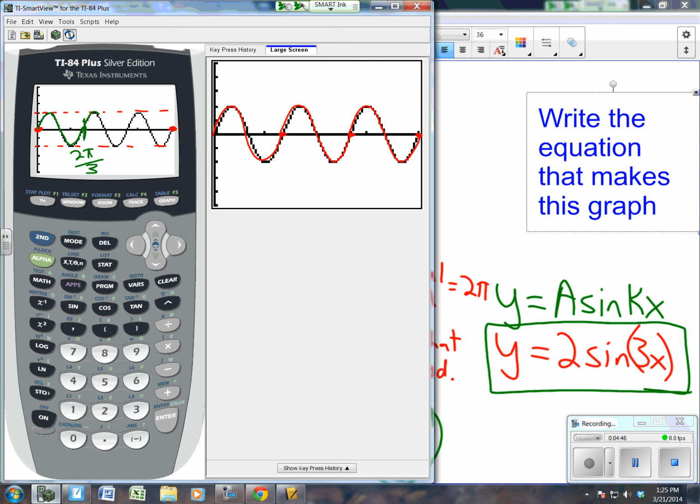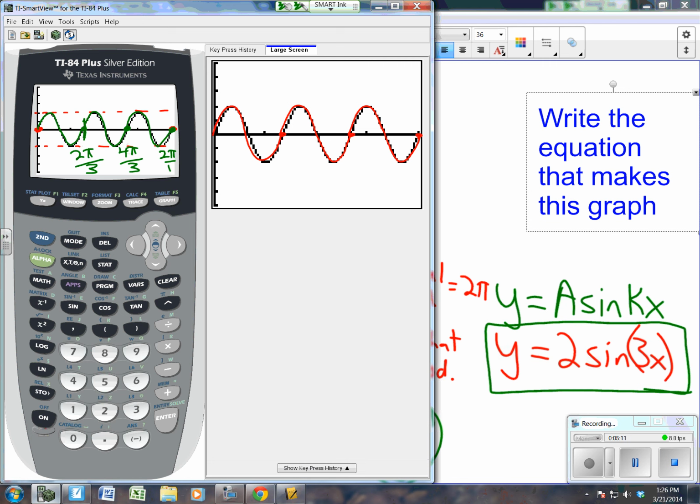If I do another cycle, that is 2 pi over 3 plus 2 pi over 3, which is 4 pi over 3. And if I do the last cycle, that's another 2 pi over 3 added on, which is 6 pi over 3, which is 2 pi. So every 2 pi over 3, it repeats a cycle.